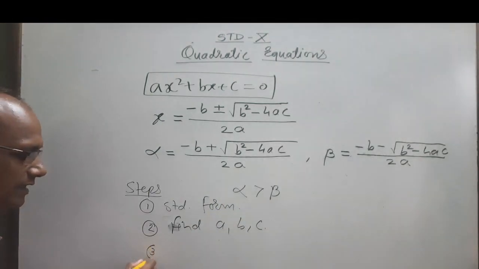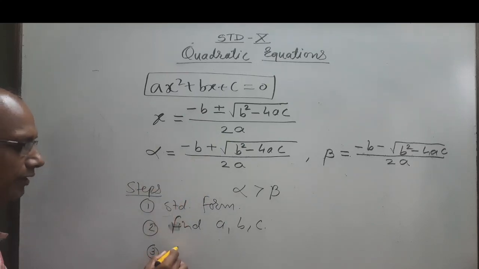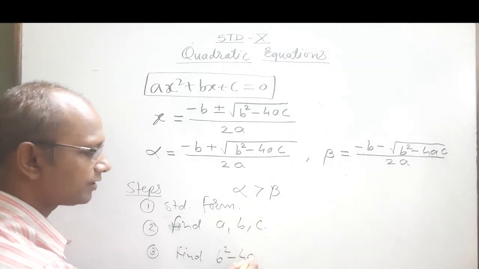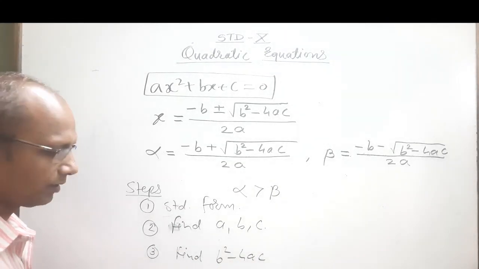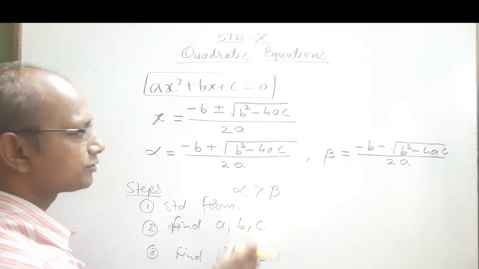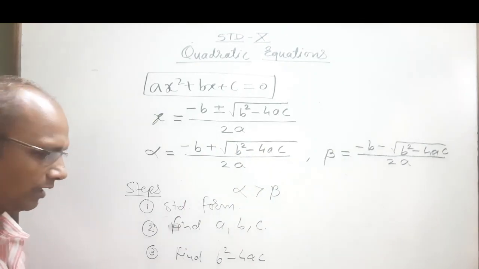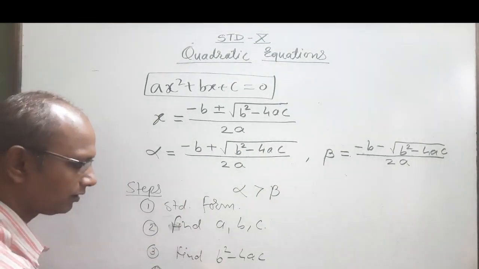Then, to make it easier, first of all find the value of b square minus 4ac, so that it is easy for you to write. It means if you find this value first, then you just have to put that value in the under root sign and simplify. And after that, the fourth step, use the above formula.